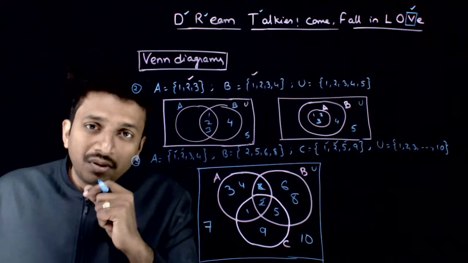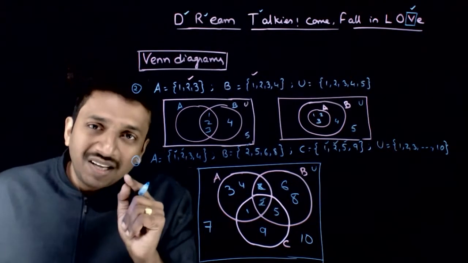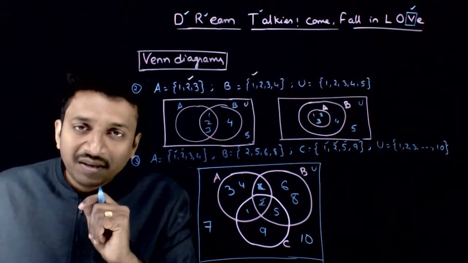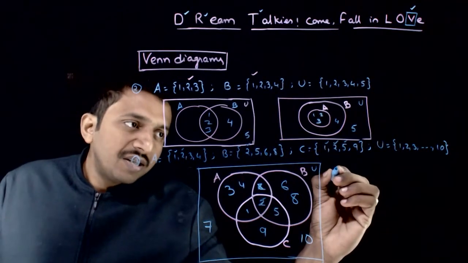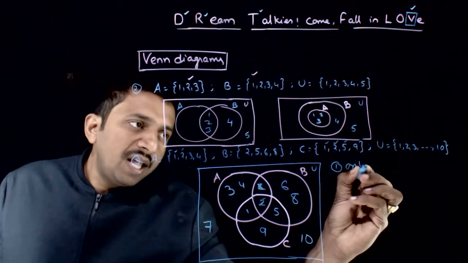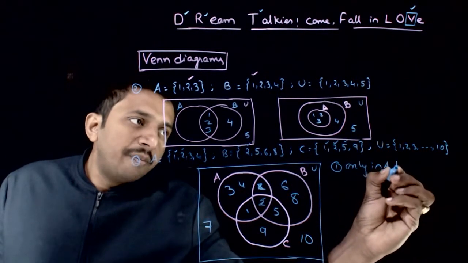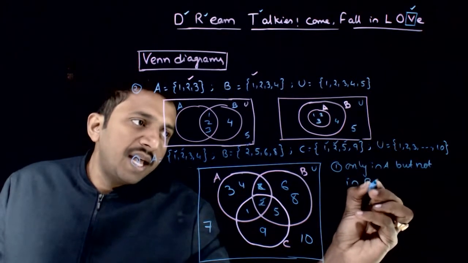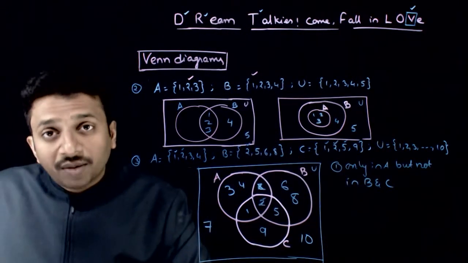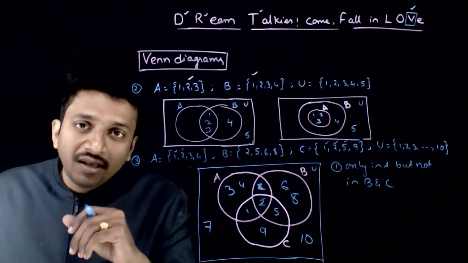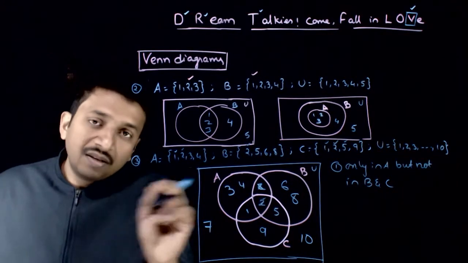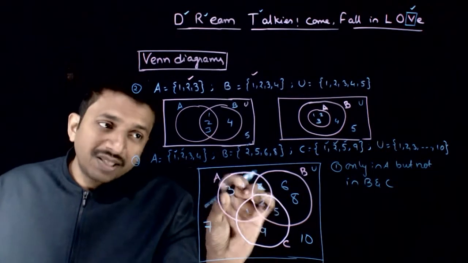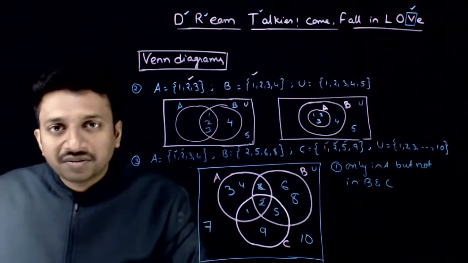If I ask you, what are the elements present in A but not in B and C? That is, what are the elements present only in A but not in B and C? The answer would be 3 and 4. So 3 and 4 are the elements which are present only in A but not in others.